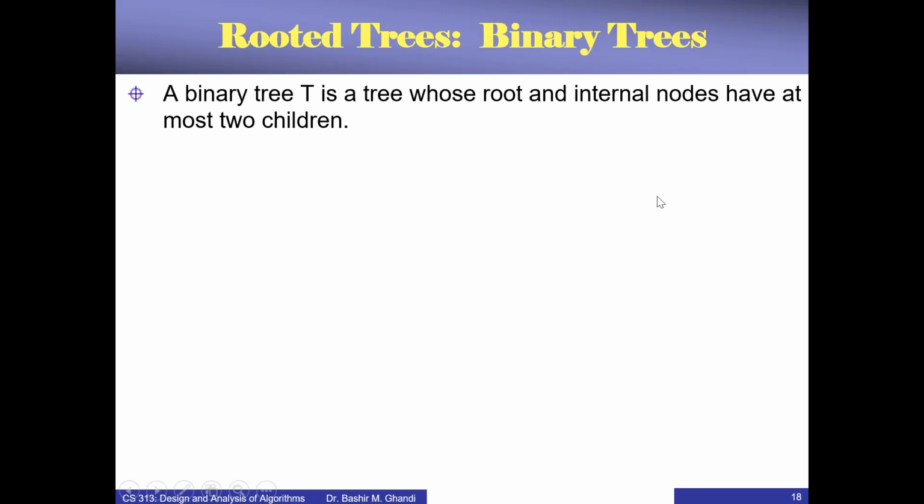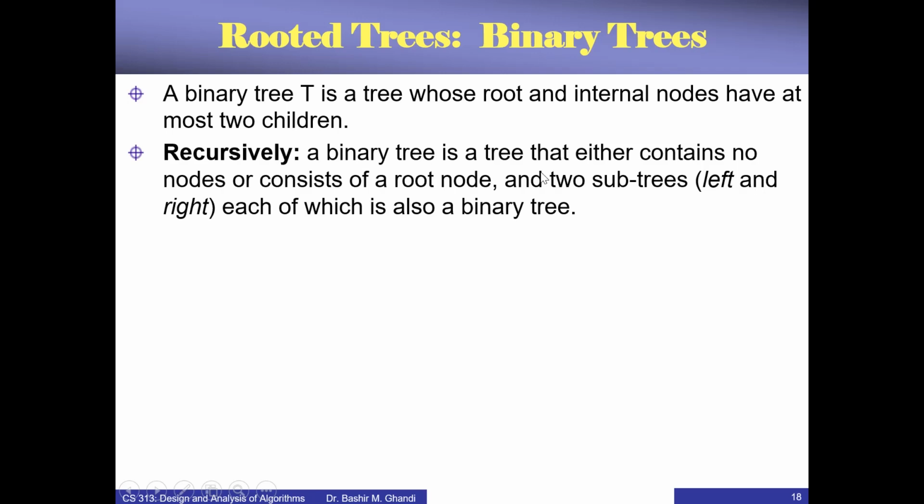Now, a special type of rooted tree is the binary tree, where we're going to restrict the number of children to 2. So a binary tree T is a tree whose root and internal nodes have at most 2 children.